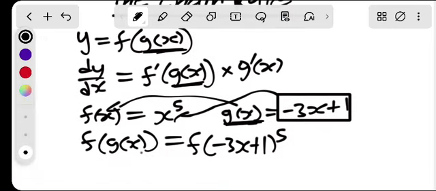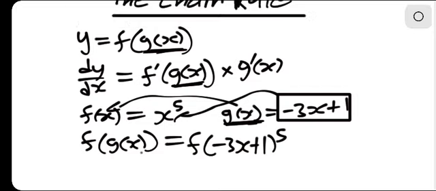So we've seen how we differentiate this using the rule. We differentiate f of g of x.